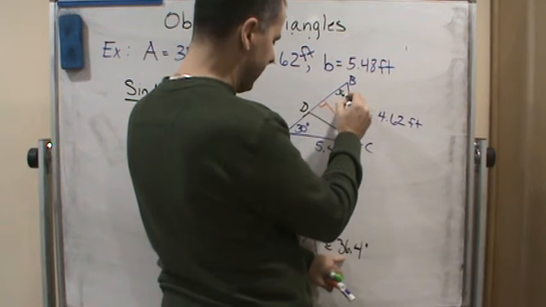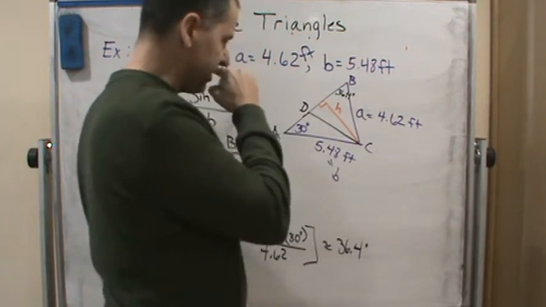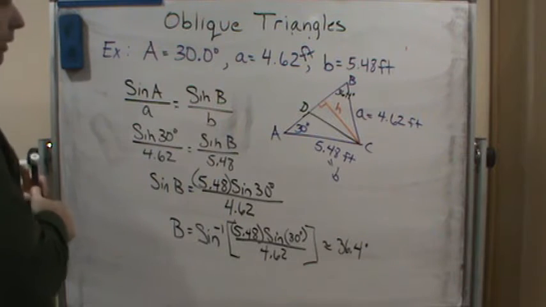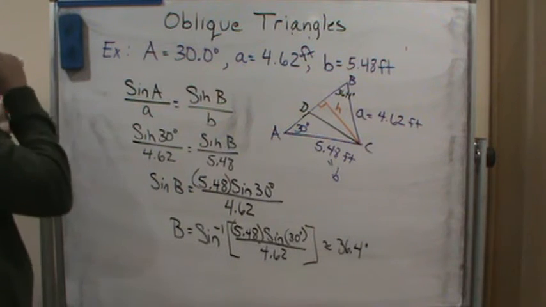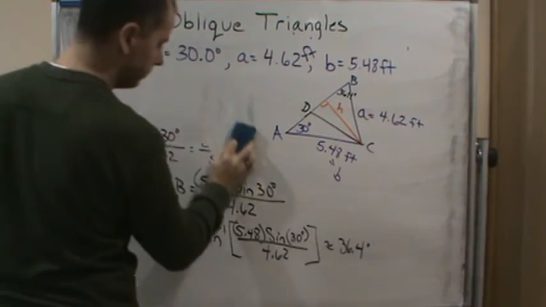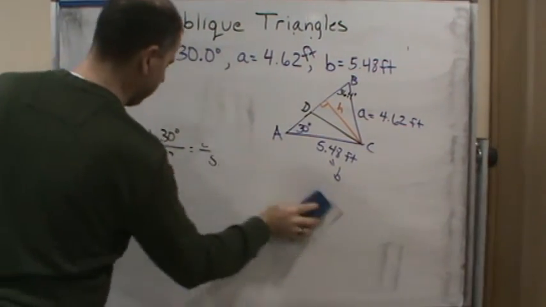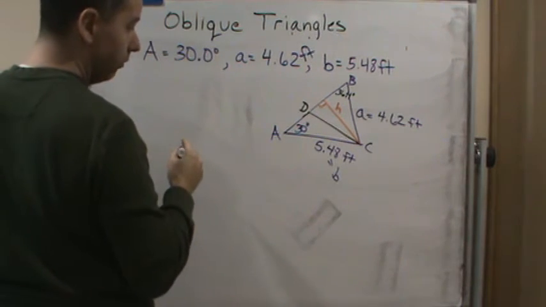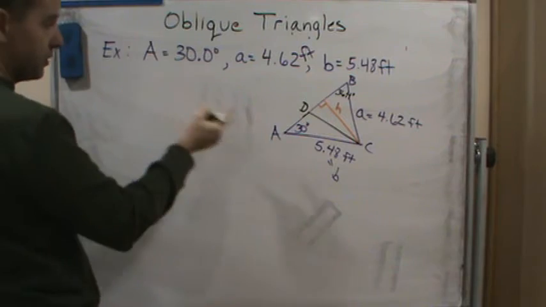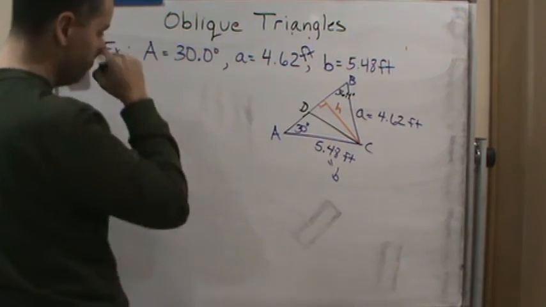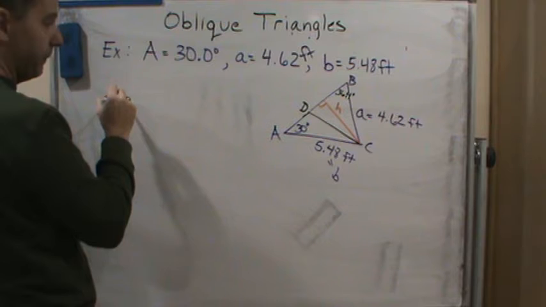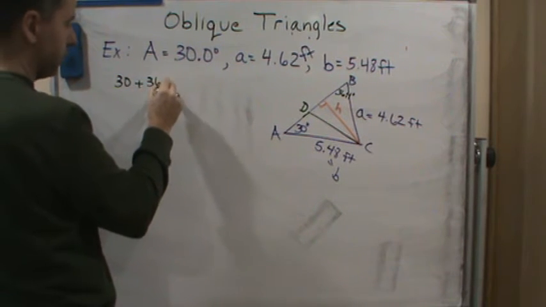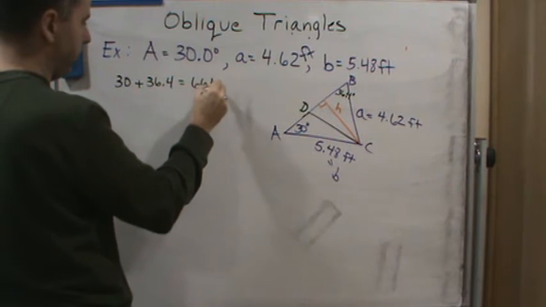So this is going to be 36.4 degrees. Now, let's solve for C. For this triangle here, ABC, angle C is going to be what? 30 plus 36.4 equals 66.4.